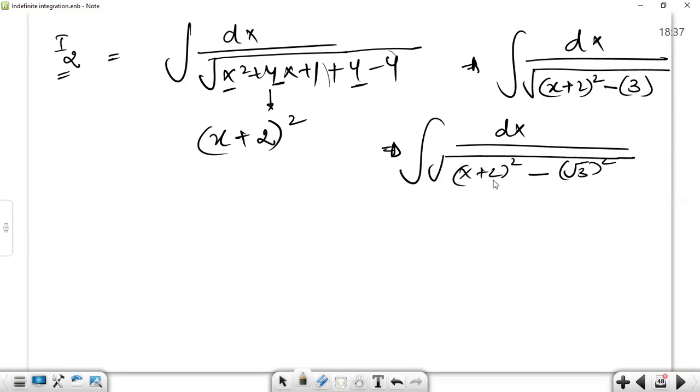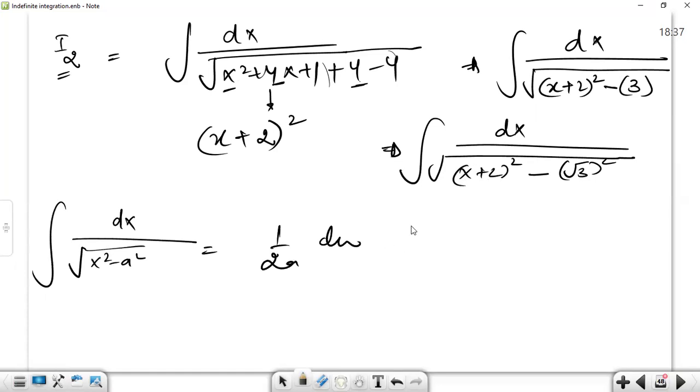Okay, so now this is a format. This is a standard result. You can use this: integral of dx over x square minus a square, which is 1 by 2a ln of x minus a upon x plus a plus c. Is this clear?